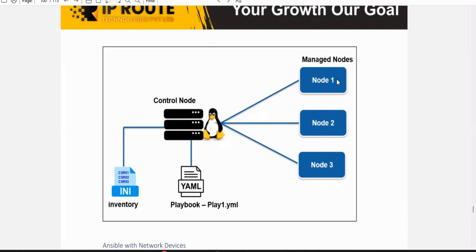Managed nodes, as we have seen, can be anything. And this inventory we maintain on the control node in the form of an INI file. And we write the Ansible scripts or collection of Ansible commands in the form of a YAML file.